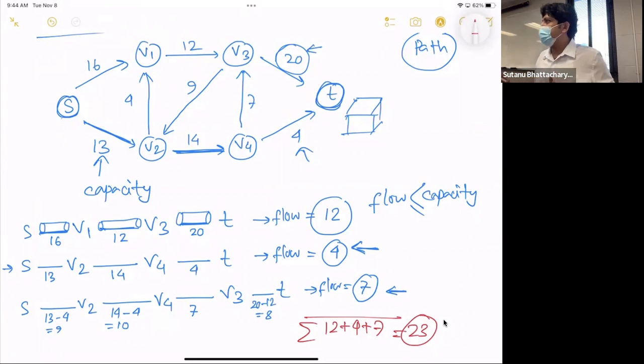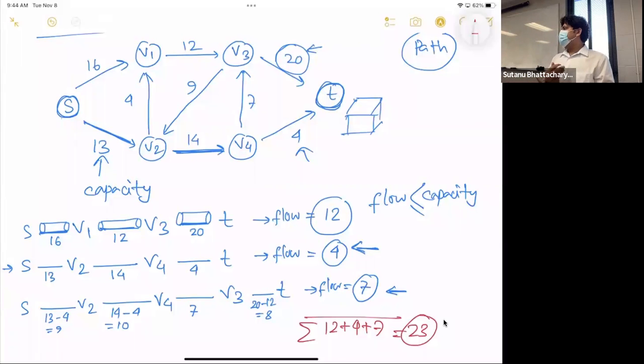So is it clear, the problem? What problem are we dealing with? Clear? Now it is easy for a small graph to choose the best path, but programmatically it is not that easy to choose the best path, right? Okay.